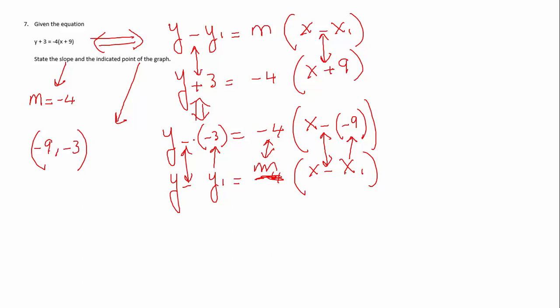Okay, so now this minus is equivalent to this minus, right? So what is left is y1. Therefore, y1 should be negative 3, which is here. Same here, I have a minus. I satisfy my minus. So negative 9 would be x1, and that's what I have here. So this is (x1, y1), and this is the slope of the line.